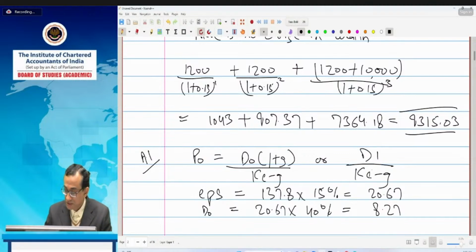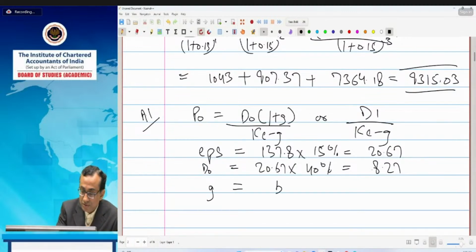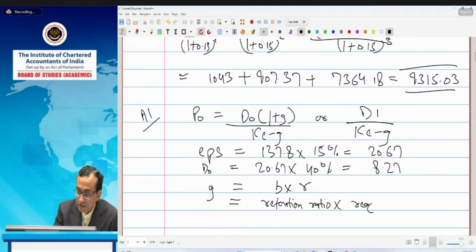The growth rate formula, which I have discussed in my lecture also, is that G, or growth rate, is calculated as B into R. What is B into R? It is the retention ratio multiplied by the return on equity.